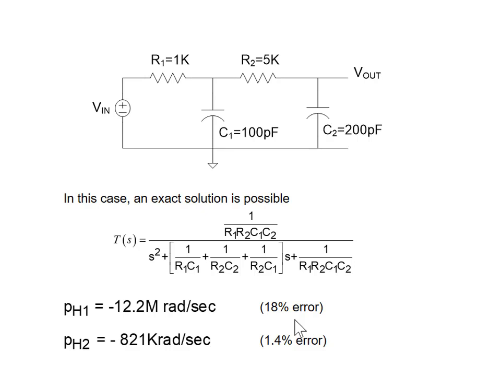If I actually calculate the poles solving this network, I find that I have an 18% error on the high frequency pole, and I have about a 1.4% error on the lower frequency pole. What was most important? The lower frequency pole is most important, and in this case we were 1.4% off. So in one case we do it by inspection, in the other case we do it with pain.